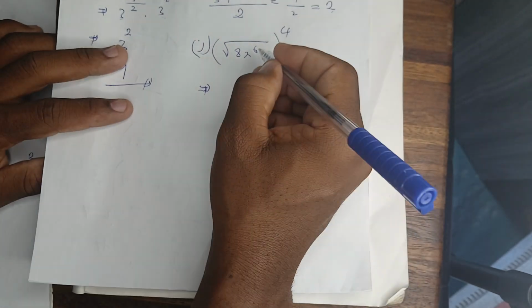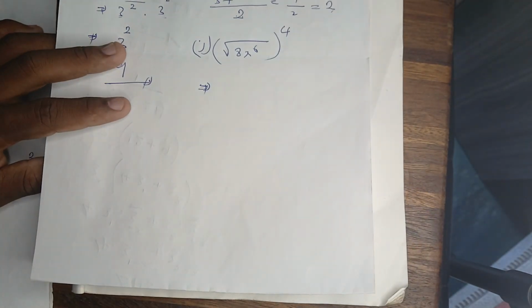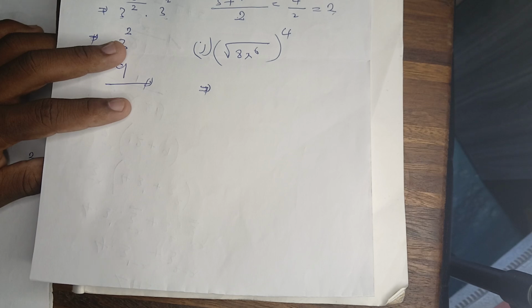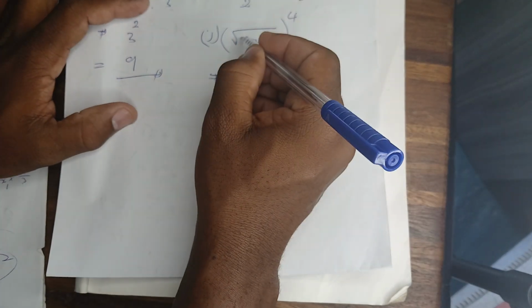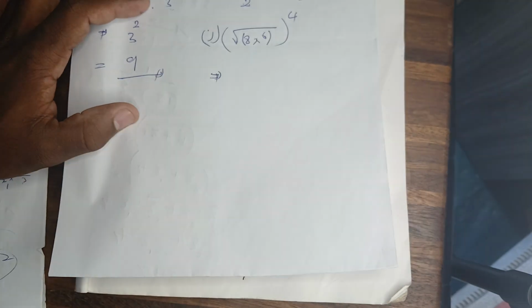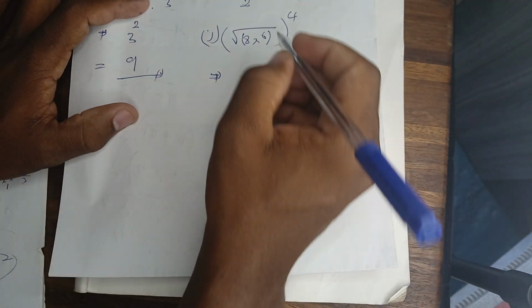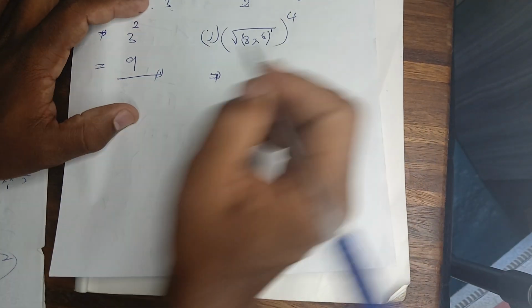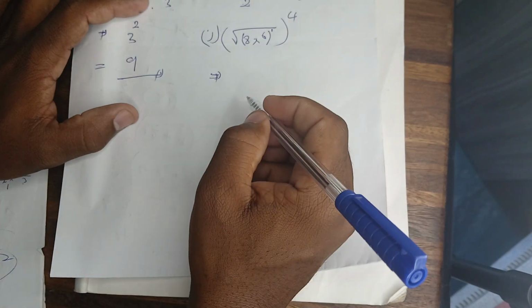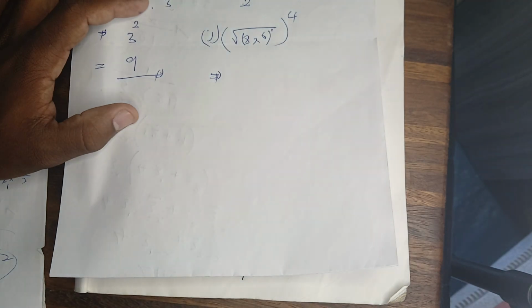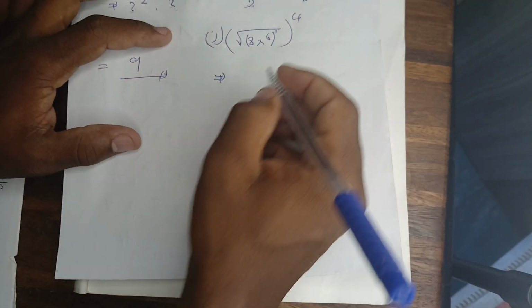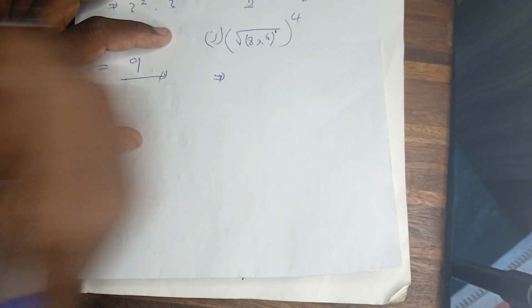Remember, okay, let me write this one. Let me put this one in brackets like this, right? And we are going to assume that there is a 1 here. Since it's 1, let's assume that this is 1.